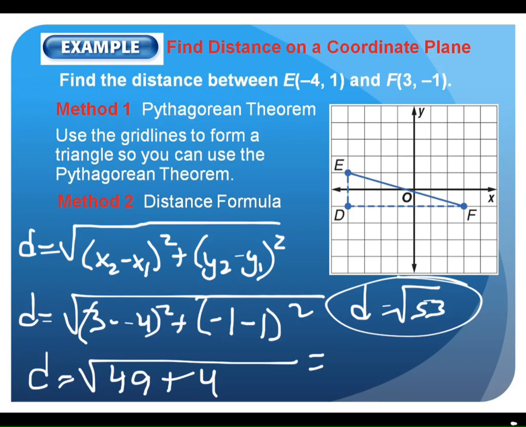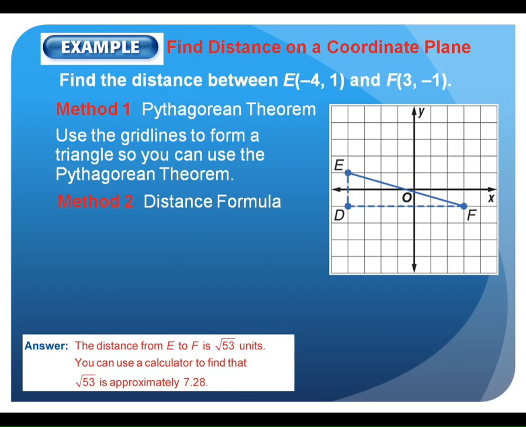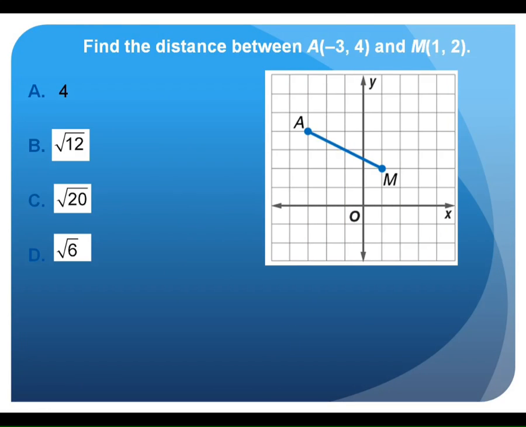So you can use the distance formula or the Pythagorean theorem to find the distance of a line segment on a coordinate plane. Whichever one you prefer. If it's easier for you and makes sense to you, use that one. In this case, let's just say we're going to use 1. If you want to use the Pythagorean theorem, you can.